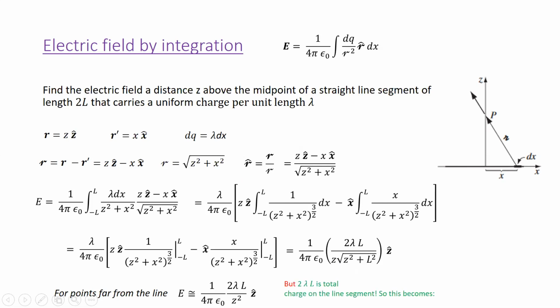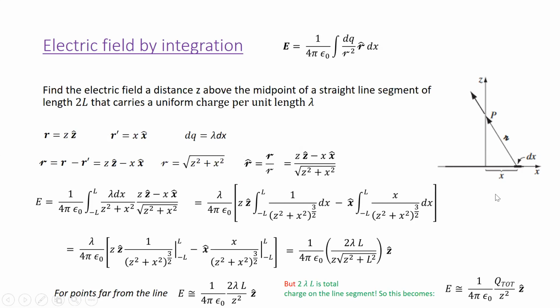Okay, but what did we say 2 lambda L was before? It's the total charge on the line segment, right? Because 2L is the length, and lambda is the charge per unit length. So what we've really got is 1 over 4 pi epsilon naught times Q total, where Q total is the total amount of charge on the line segment, divided by z squared.